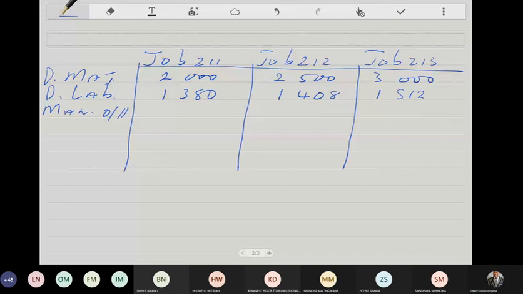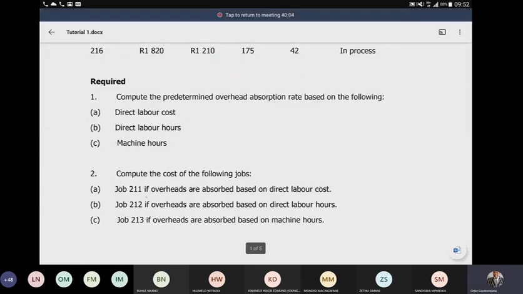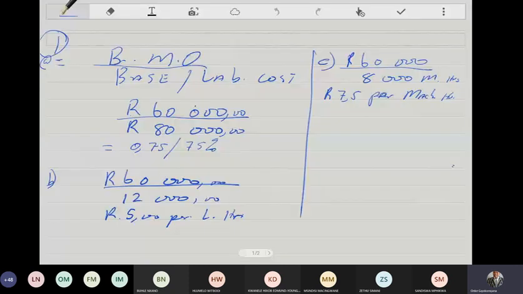Now we've got methods that they say let's use for this job. So if we look at job 211, they said that on job 211, overheads are absorbed based on the direct labor cost. You've already calculated your absorption rate per labor cost. You know that is going to be 75%. So what you need to do is go to the labor cost of job number 211. Are you with me?